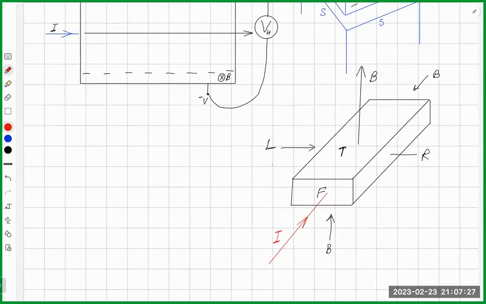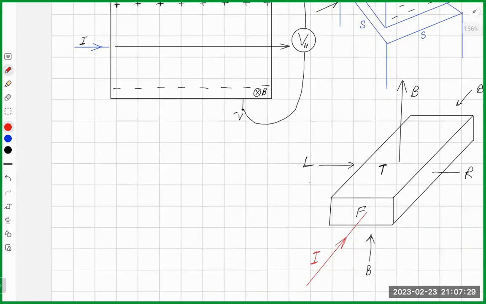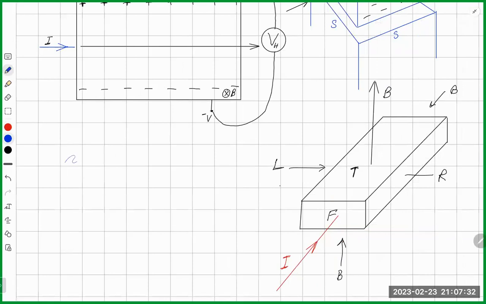Okay. And why is that? Here is something that will help you to solve this kind of question in exam.